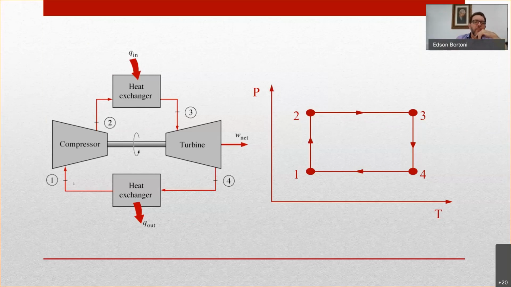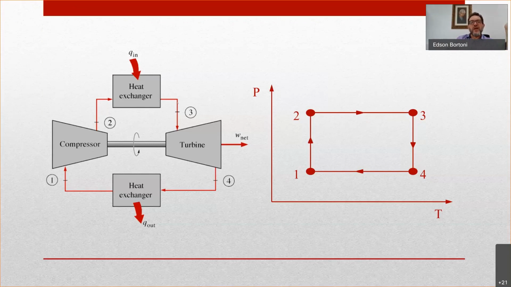So let's begin at point 1, low pressure and low temperature. You pass through a compressor instead of a pump, as we had in the Rankine cycle. As long as we are working with gas, we have a compressor here, so you increase the pressure while almost maintaining the temperature.